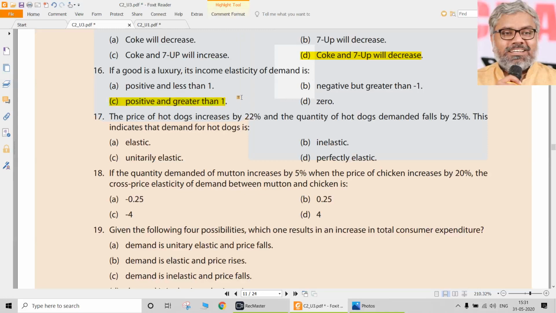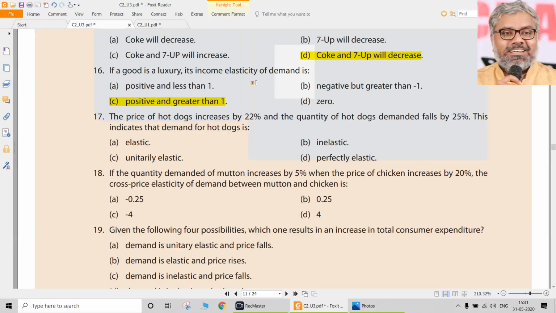Why? Because in the case of luxury commodities, the income of the consumers is going to have a big impact on the demand for the products, not a small impact. Less than 1 means there is an impact but a small one. More than 1 means a big impact. Is luxury goods demand heavily determined by the income of the people? Yes.